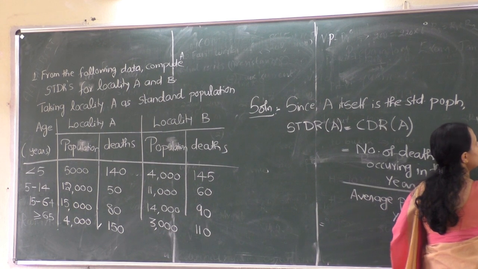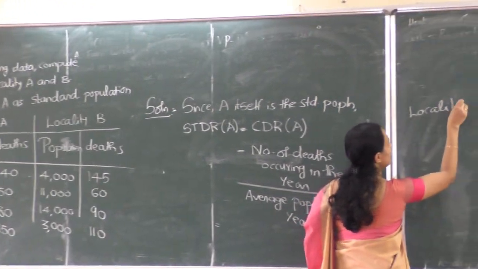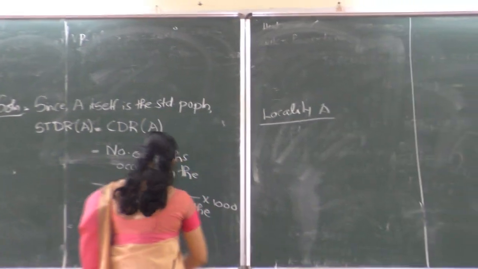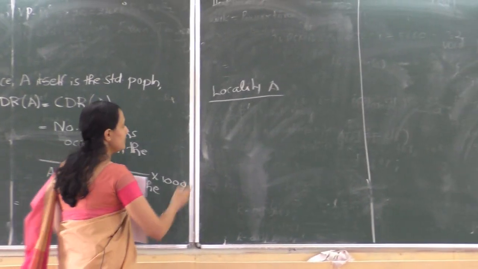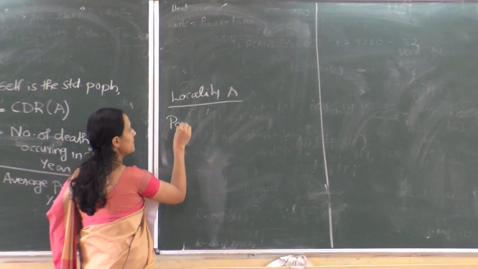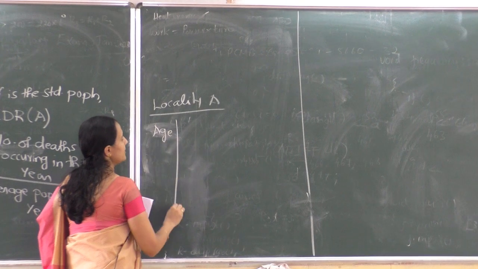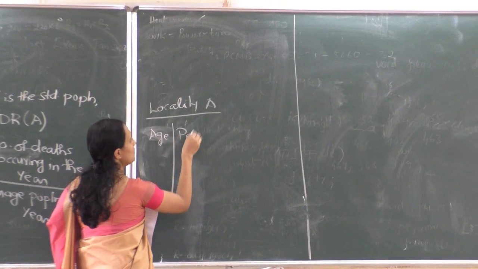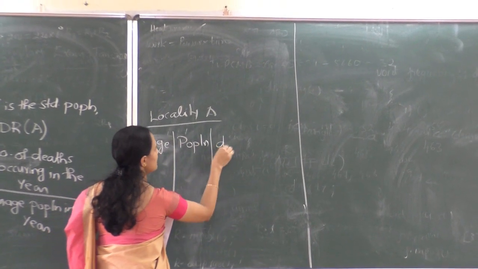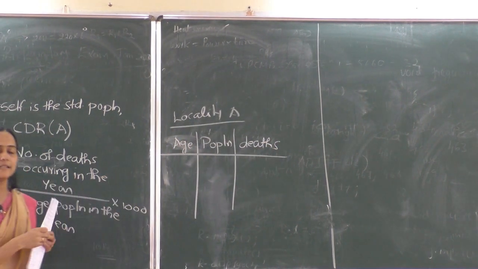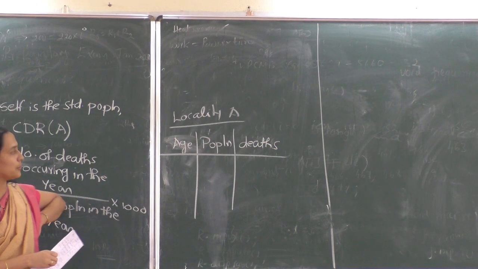Locality A: age group and population, deaths. No need to compute age specific death rate, just the age group and population.